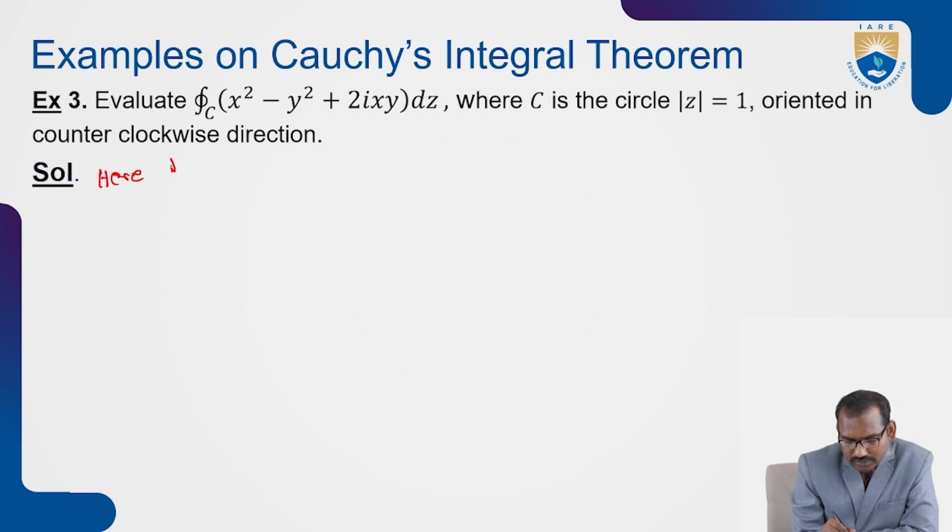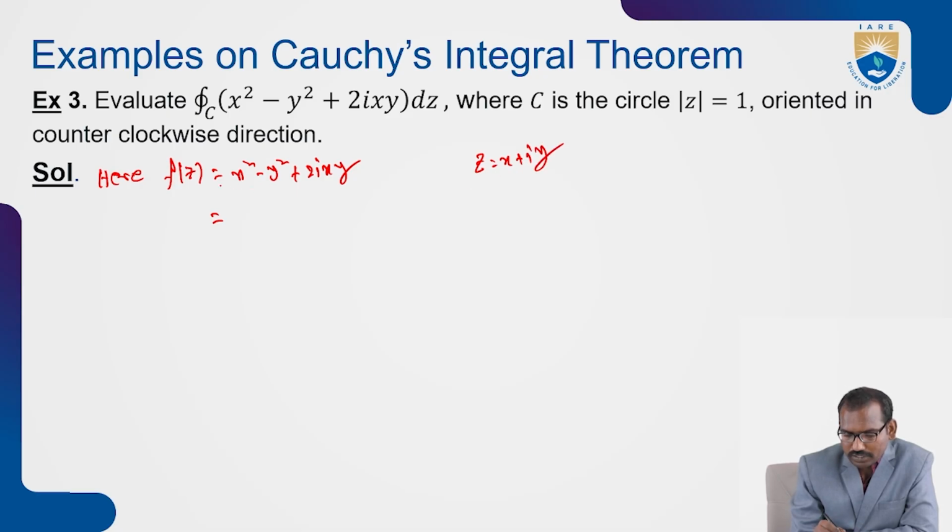Similarly, the third problem. If you see here, what is the integrand f of z? In this problem, the integrand is x square minus y square plus 2ixy. We can write this in terms of z, and that is my interest. We know z is x plus iy.